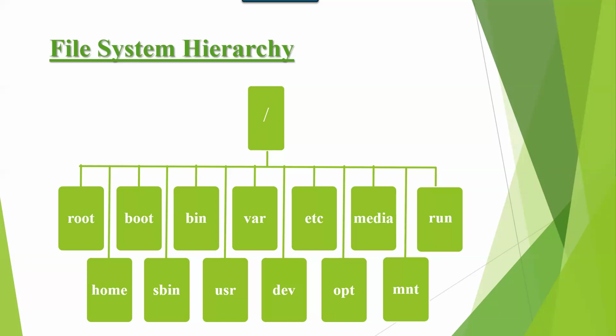As a super user, you log in to the computer and create any files or directories; the data by default is going to be stored under root. If you want to change the location you can, but by default it stores the data under root.